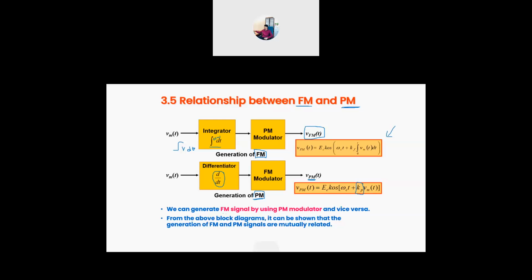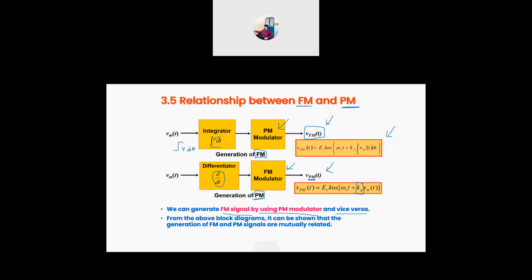We can generate an FM signal by using a PM modulator and vice versa. You can see there is an interrelation. If you want to generate a PM signal, you need an FM modulator. If you want to generate an FM signal, you need a PM modulator.